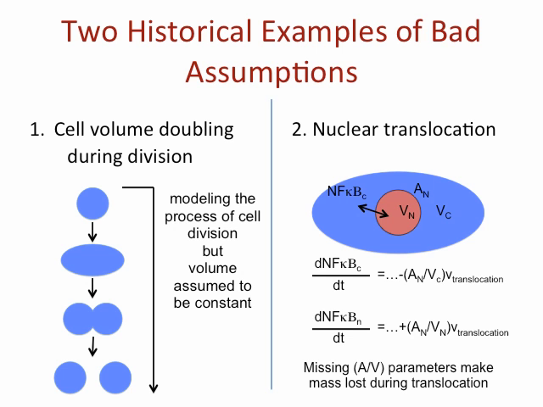Another frequent problem that occurs in multi-compartmental models is not to scale the membrane fluxes appropriately, as shown in this slide. The surface to volume ratio for a shared membrane between two compartments is not the same, because the volume of the compartments can be different. In a few models in the literature, that surface to volume ratio is the same, and that leads to an error because the total fluxes in and out of these two compartments will then differ.